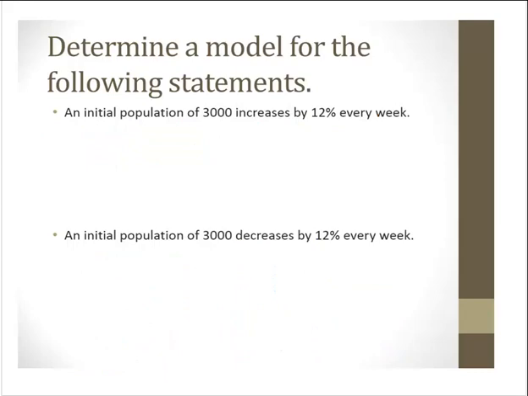An initial population of 3,000 increases by 12% every week. Well, again, let t represent the time in weeks. Now, if you increase a number by 12%, what are you multiplying by? So let's think about this. If I take a number and I increase it by 12%, I don't just add 0.12, I increase it by 0.12x.